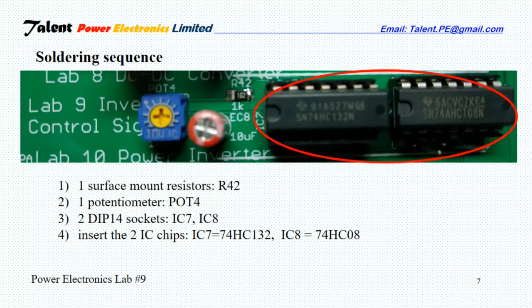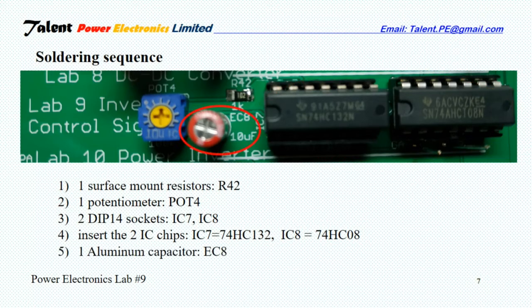Step 4. Insert the two chips into the sockets. IC7 is 74HC132, IC8 is 74HC08. Step 5. 1 aluminum capacitor, EC8. Now the prototype is completed.